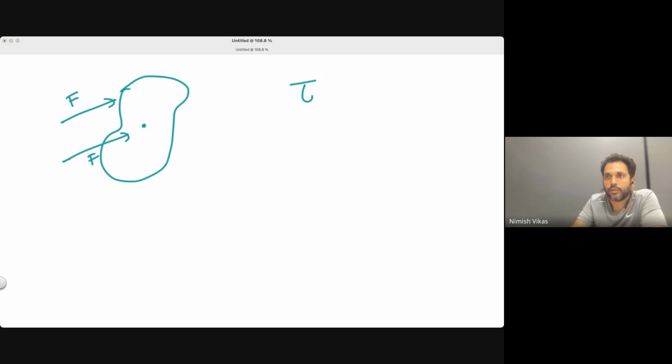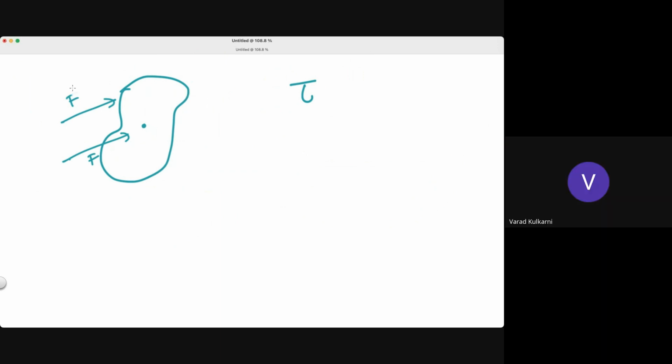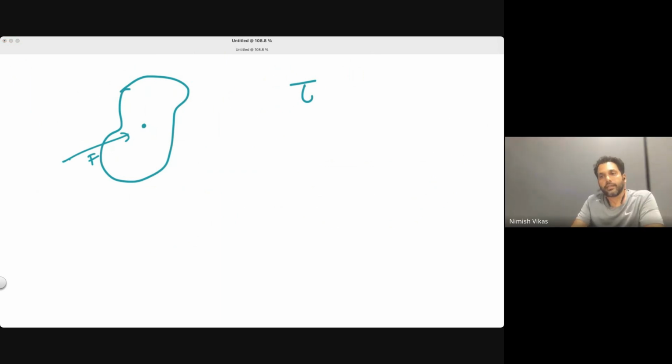Since I'm on a computer, I think we can easily show this. It will just go without rotating, just like that. Is that clear? If it is acting only on the center of mass. Are you getting the point? So torque is zero. In this diagram case, torque is zero.